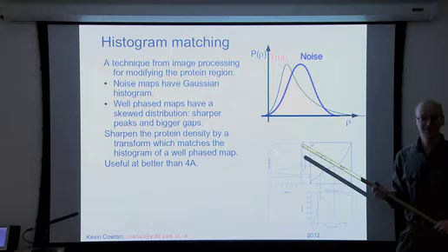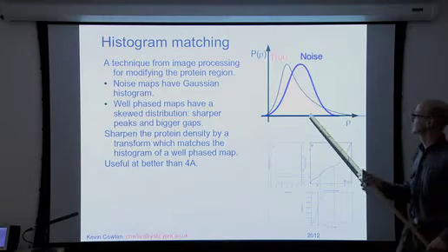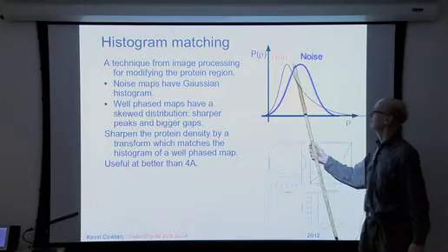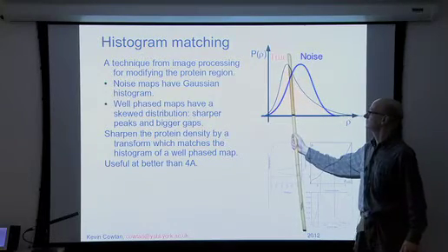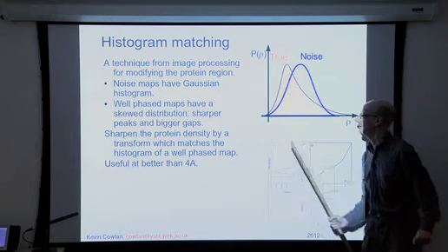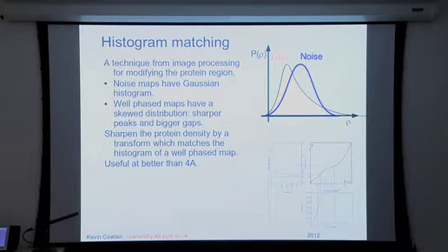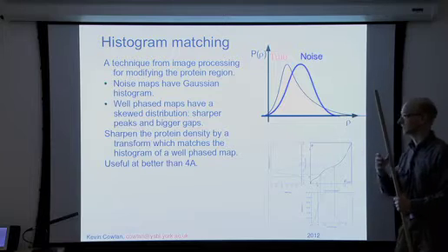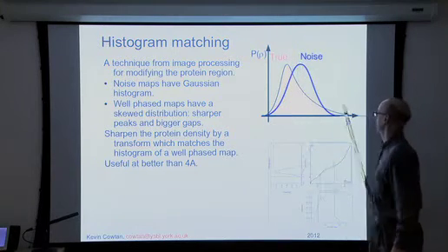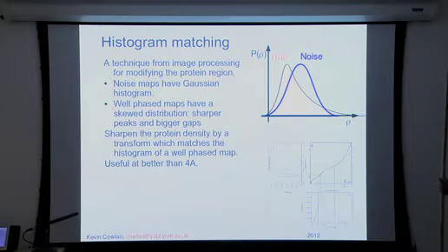However, a well-phased electron density map, one which isn't noisy, has a very different distribution. It's very skewed. You have a few grid cells which have high densities corresponding to atomic peaks, and a lot which are fairly low, and very few which are negative due to resolution truncation. This corresponds to the gaps between the atoms, and these are the atomic peaks.